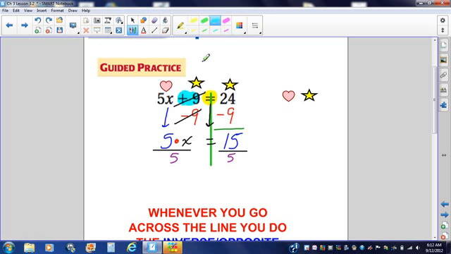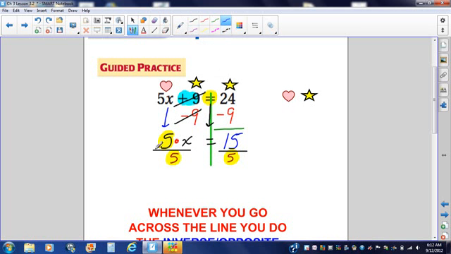My kids last year said this: whatever happens in yellow stays in yellow. So if I have a 5 here in yellow, I put a 5 here in yellow. Now, 5 divided by 5 is 1.